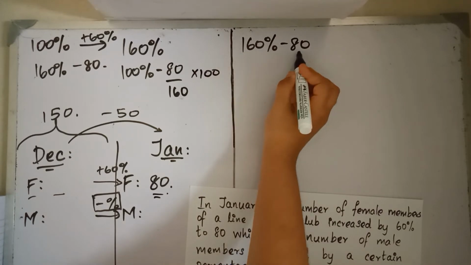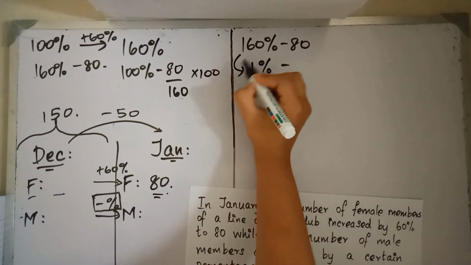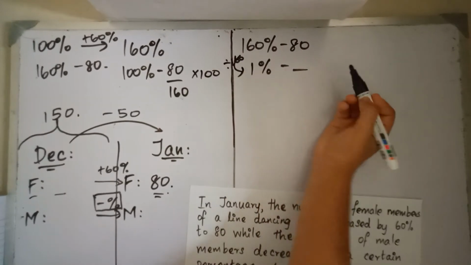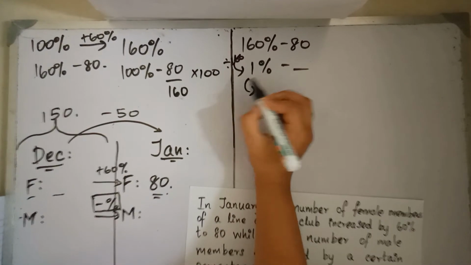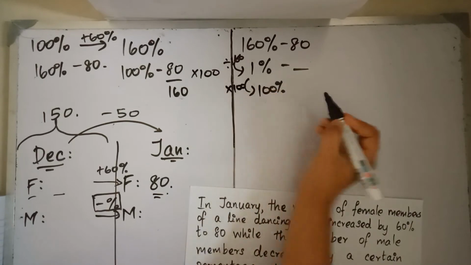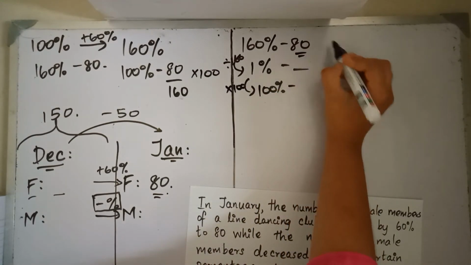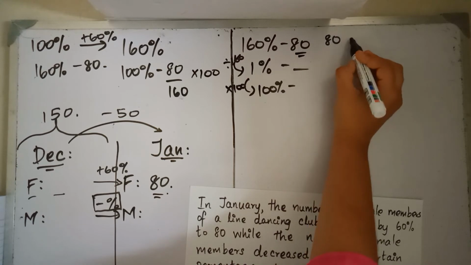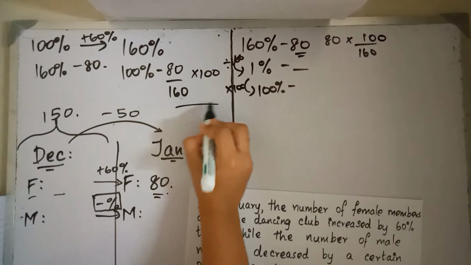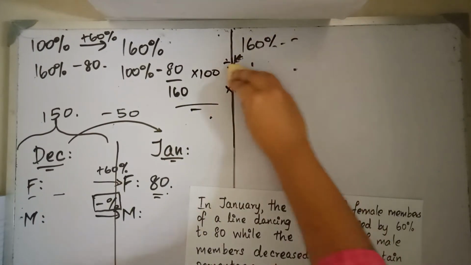If we know 160 is equal to 80, then we have to find 1%. So we divide this by 160. We get some value over here. And then we need to find 100%. So again we multiply it by 100. So to this 80, we are dividing by 160 and multiplying by 100. So that's what I've written here. So this is how you find out 100%.